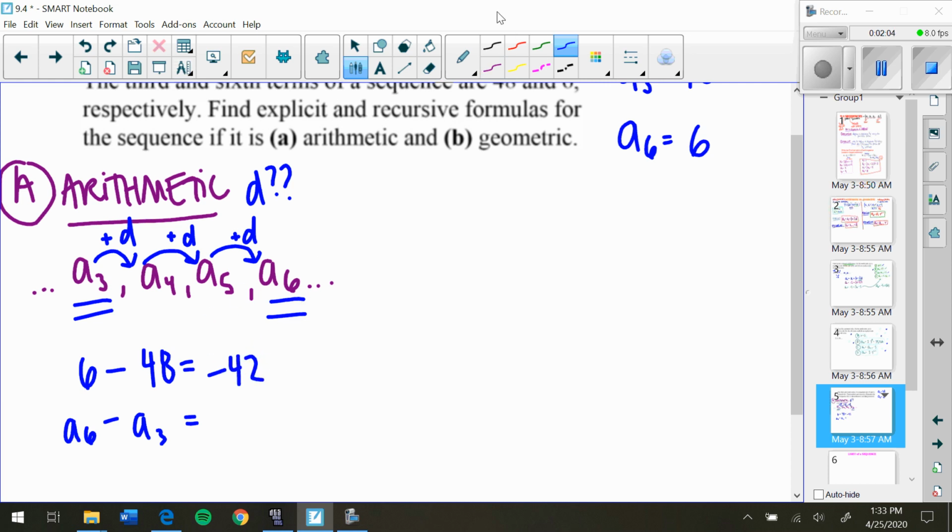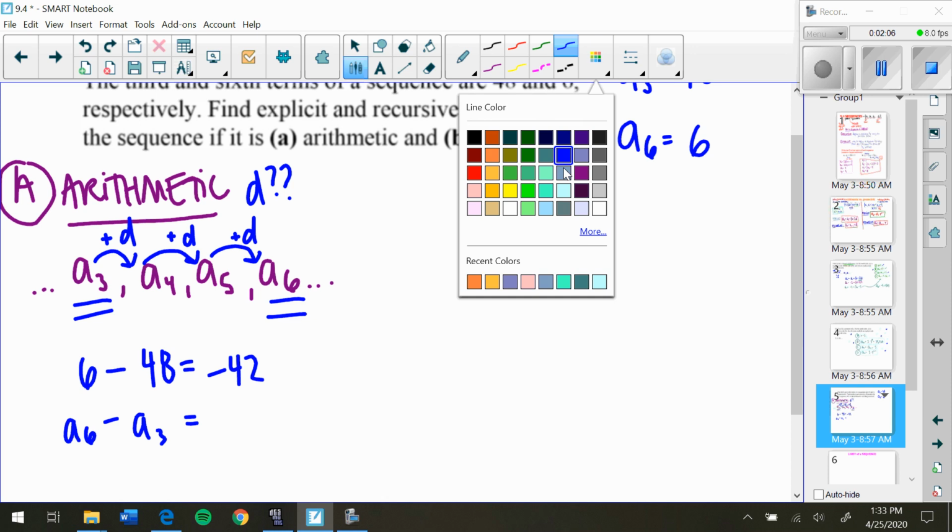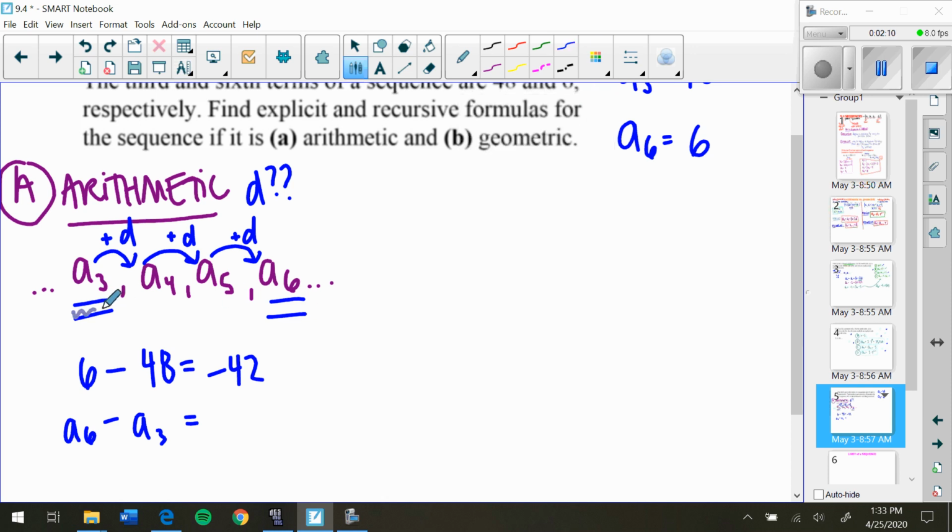Okay, and if we go back to what I was doing earlier, sorry, I wasn't really explaining myself very well. So the difference between our third term and our sixth term is negative 42. Well, it took us 3 common differences to get there. So in order to figure out what one common difference is, I'm going to divide negative 42 by 3.